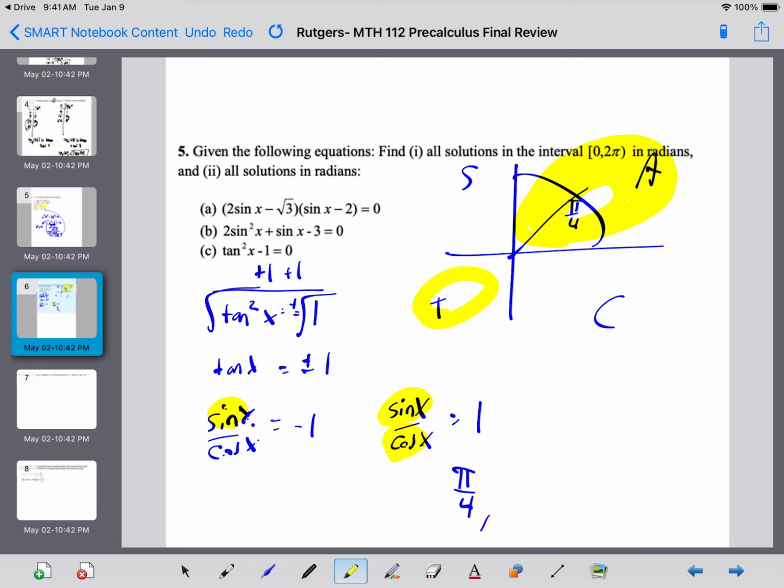In the case of quadrant 3, which, this is tangent, so you could also know just from it being tangent, they're both negative. Negative divided by negative is positive. So it's going to have a reference angle of pi over 4. And you could add pi to it.